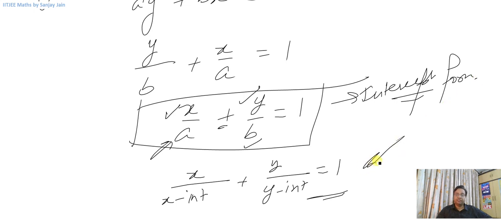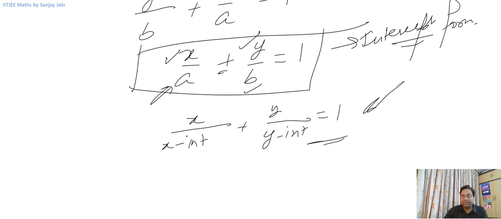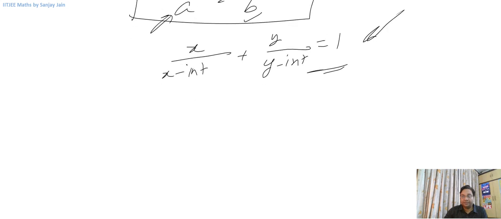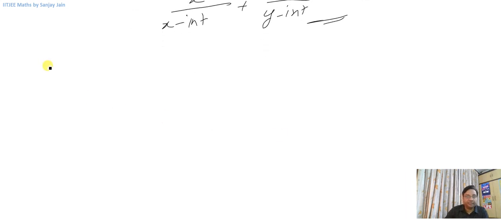Now using this we can solve a lot of questions very easily. If you have this intercept form at the back of your mind, you can solve a lot of questions very easily. For example, I read a question yesterday which said that there is a line which passes through a comma 0, 0 comma b and 1 comma 1.